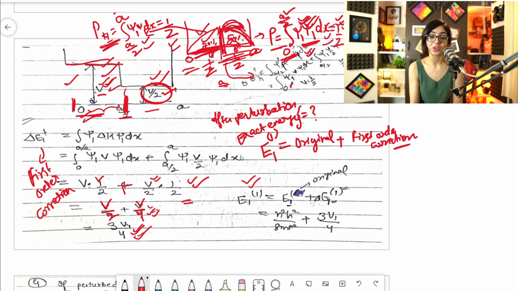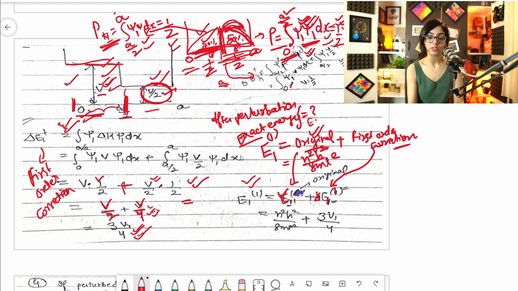And don't get confused between exact and original, they are different things. So the original value, you know, for a particle in a 1D box is n square h square by 8 ml square. Can you see? For the particle in this state, E1, so I have written E1 original. Plus the first order energy correction, that is del E11, which is this one.